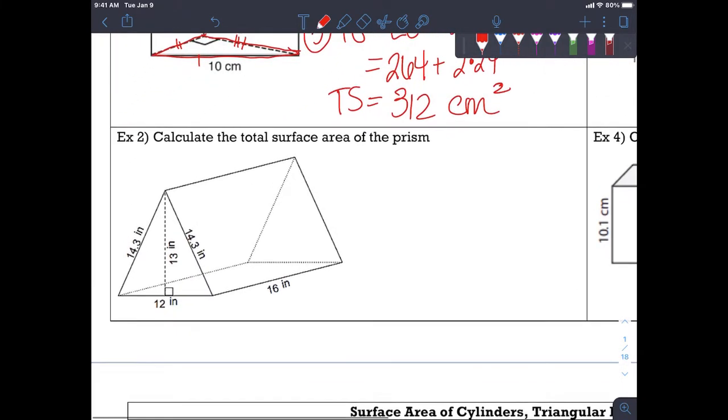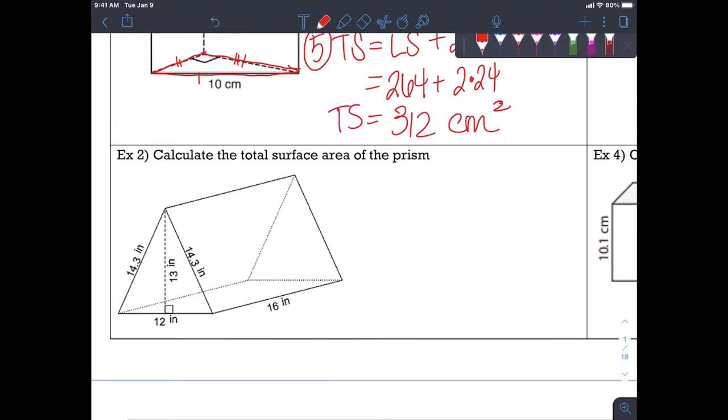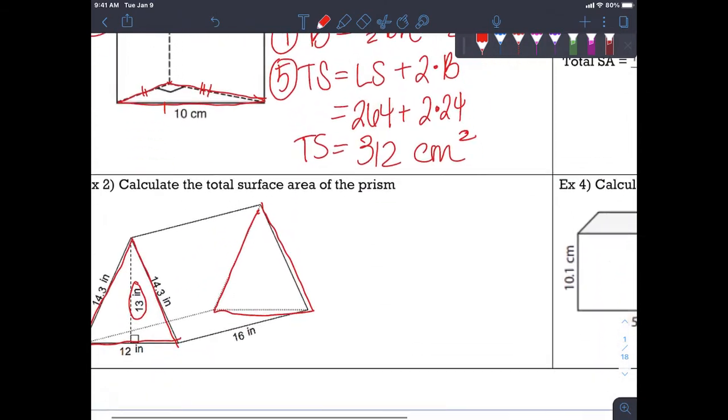So let's take a look at this guy. Calculate the total surface area. First things first, I want to identify my bases. Here they are. Notice how in this triangle, they already calculated its height for me. Again, we're going to follow those same exact steps.